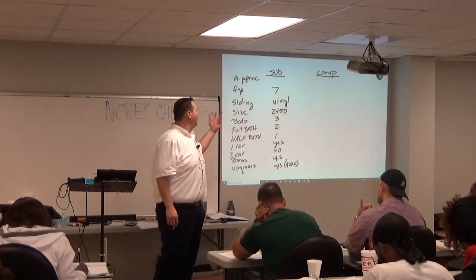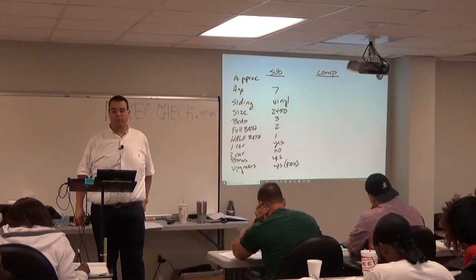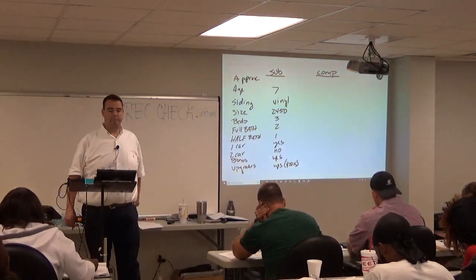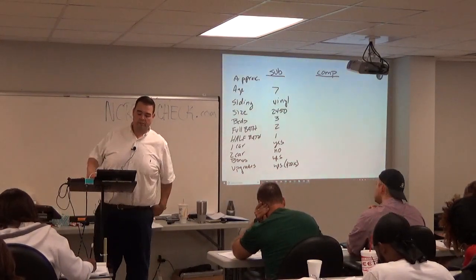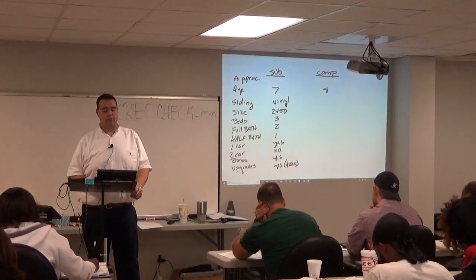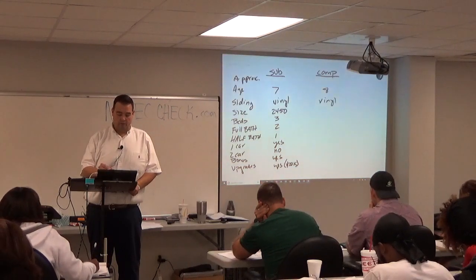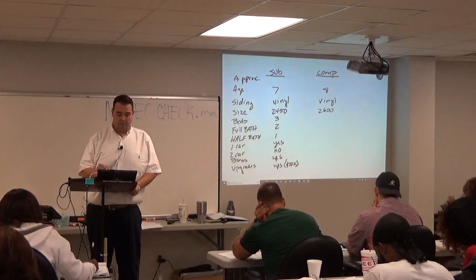Talk me through, what do I have for those same things on my comparable property? What do they tell me about the comparable property? This is the first thing they tell me about it. It's how old? 8 years, okay. What else? What's next? Vinyl siding. What else? 2,600 square feet. How about bedrooms? 3 beds.